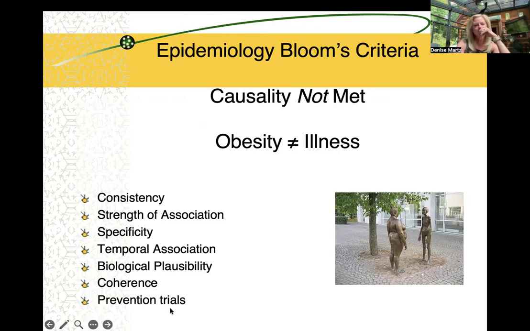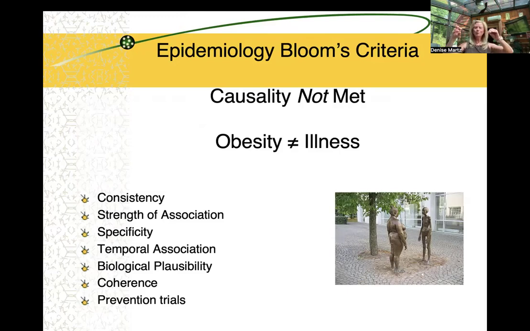Coherence, yeah, there's correlations there, but again, correlations don't predict causality. And then the prevention trials is really interesting here. In prevention trials, you would take individuals who had obesity and you would be randomly assigning, do nothing with one group, that's a control group, do intervention with the other group where you help them lose weight. And then you compare the two groups in their health metrics.